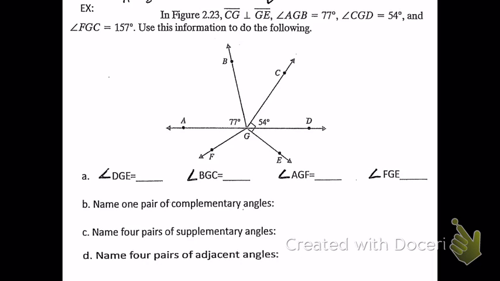Okay. So first of all we'll find the missing angle measures with the information they give us. We've got CG perpendicular to GE. And we've got AGB is 77 degrees, CGD is 54, and it tells us that FGC, this angle, is 157.